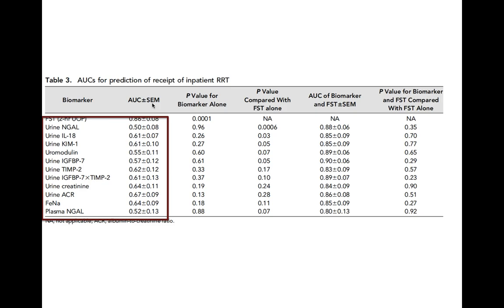Now remember, these biomarkers were very much built to predict from pre-stage 2 and pre-stage 1 the onset of AKI. So I don't think this is actually a very fair way to look at these biomarkers, because they were not built to do this.